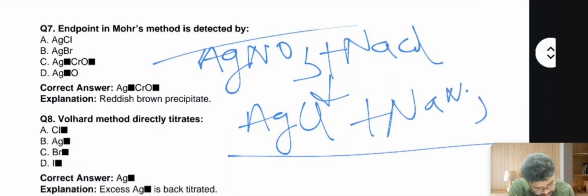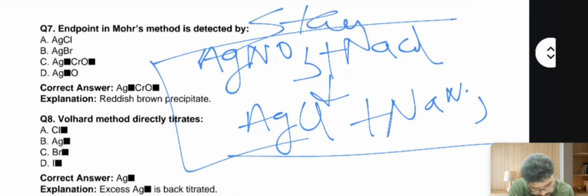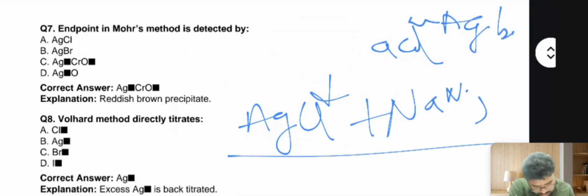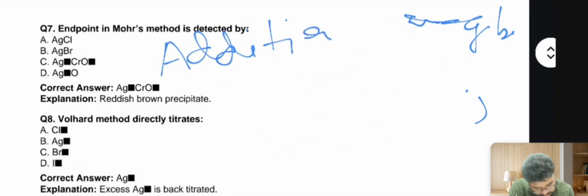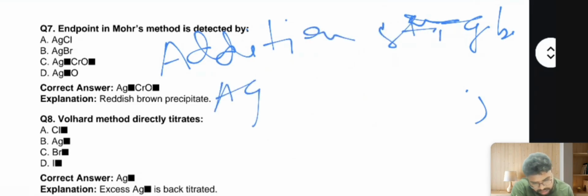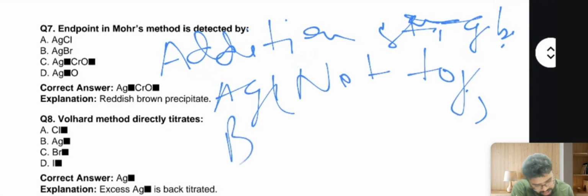Okay, it's a standardization of AgNO3 by NaCl. Then after addition of standardized AgNO3 in excess amount, we give a back titration.